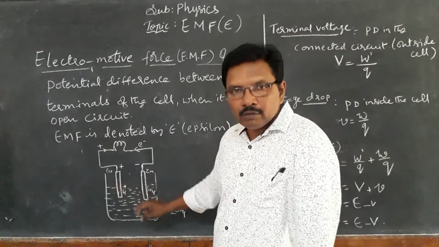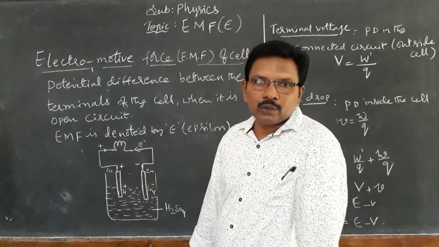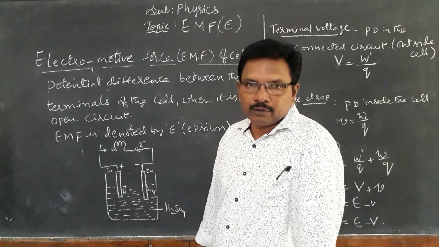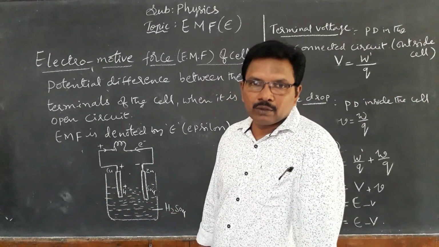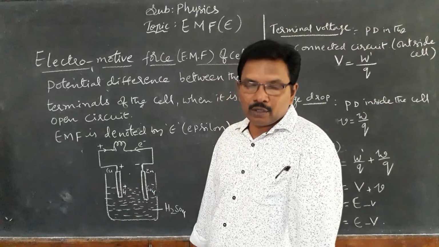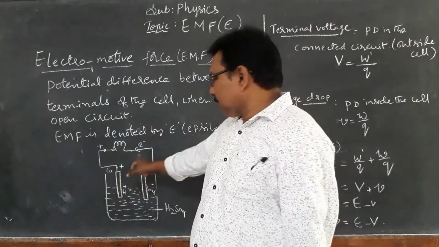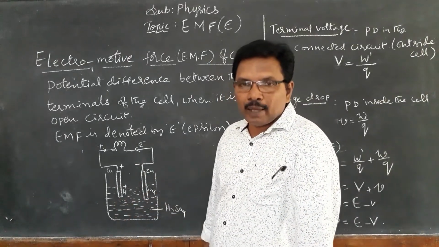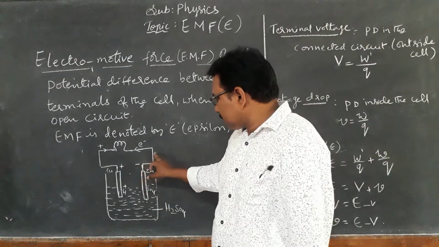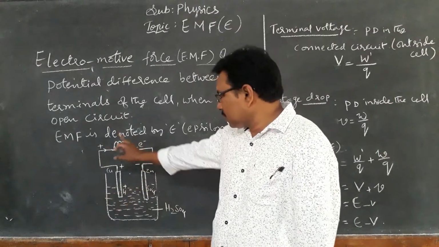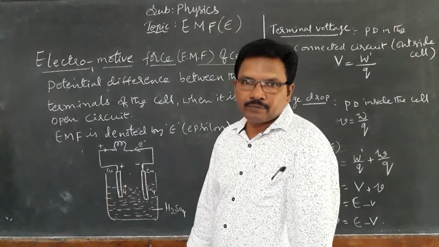Now, anode and cathode. Now we are connecting a circuit to the anode and cathode. What will happen when we connect a circuit to the terminals, or electrodes? When the circuit is connected to the electrodes, electrons, the negative particles, move along the circuit towards the positive terminal.